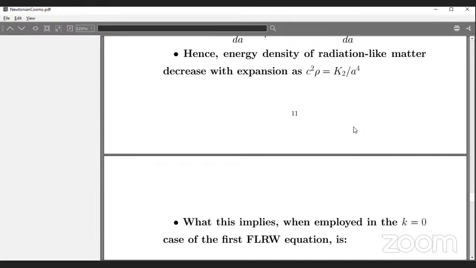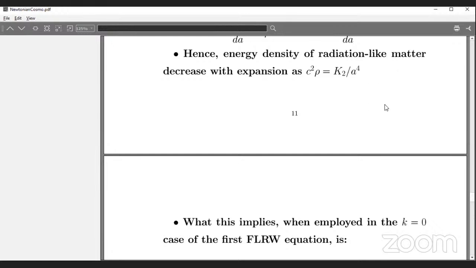What this implies is that if we start off at some time in the universe with equal amounts of non-relativistic matter and ultra-relativistic matter, then the energy density of ultra-relativistic matter will fall off faster because it's going down as 1 over A4, while energy density for non-relativistic matter is going down as 1 over A cube. So it is falling off slower.